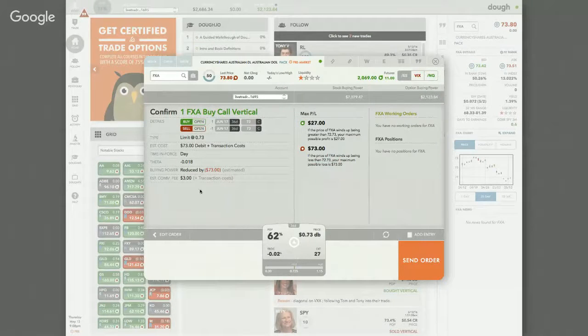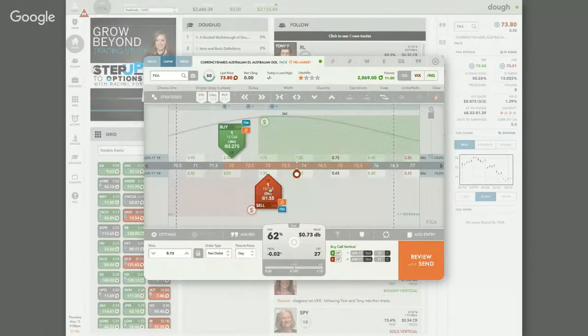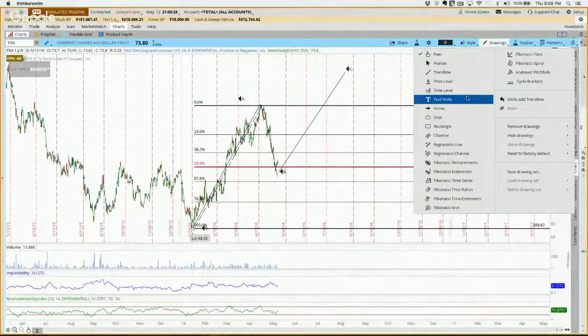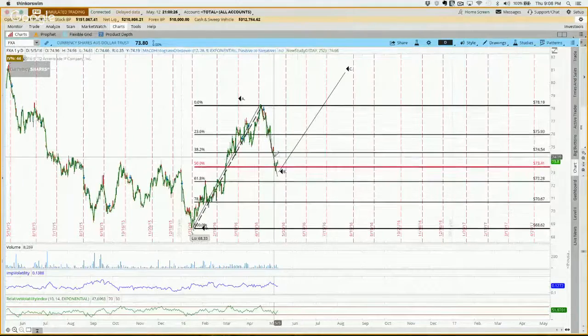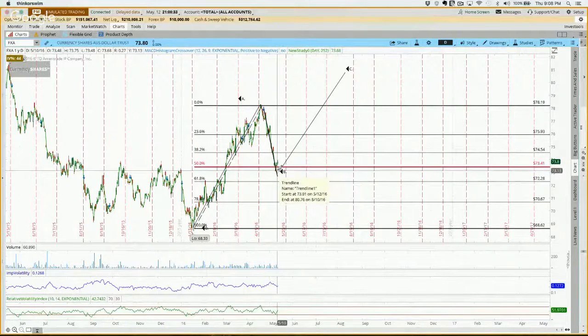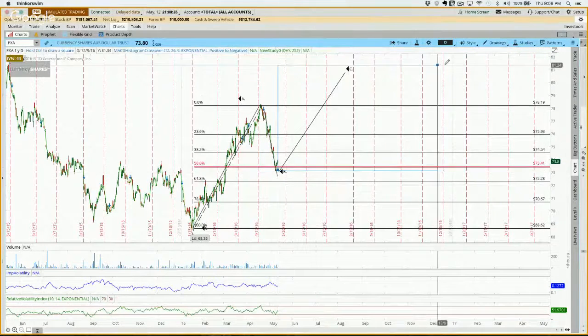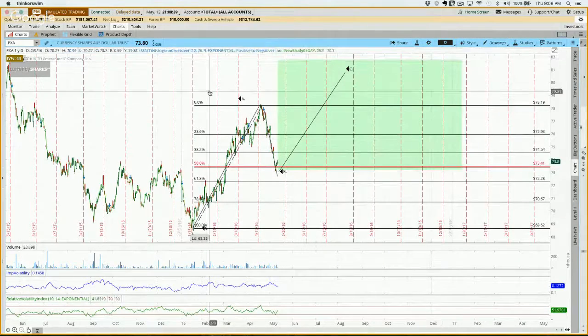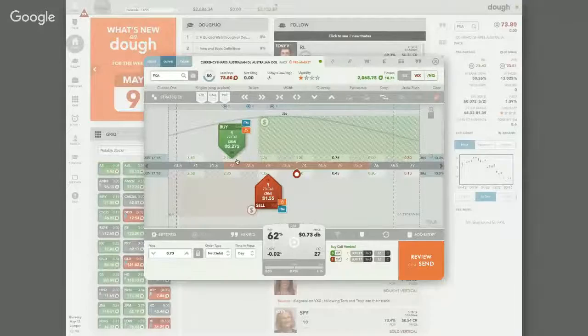All right, so the risk and reward is not looking very good. So 73 and 72 means that if FXA rises above 73, anywhere in this green box, the vertical spread will be profitable.